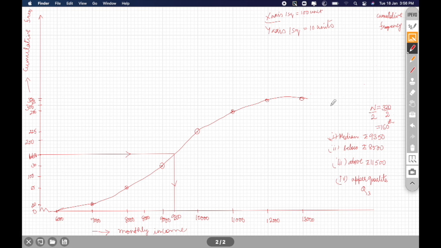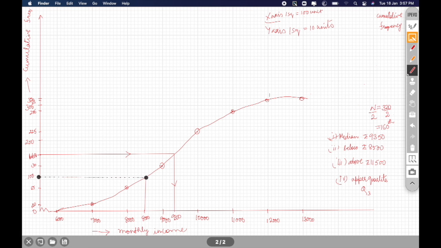So from 8,500 we will draw a line perpendicular to the x-axis, and then from this point on the ogive, we'll drop a line which is very close to 100.